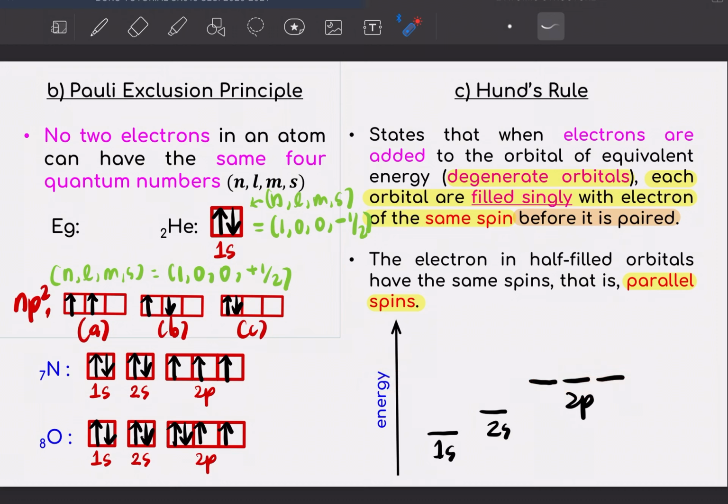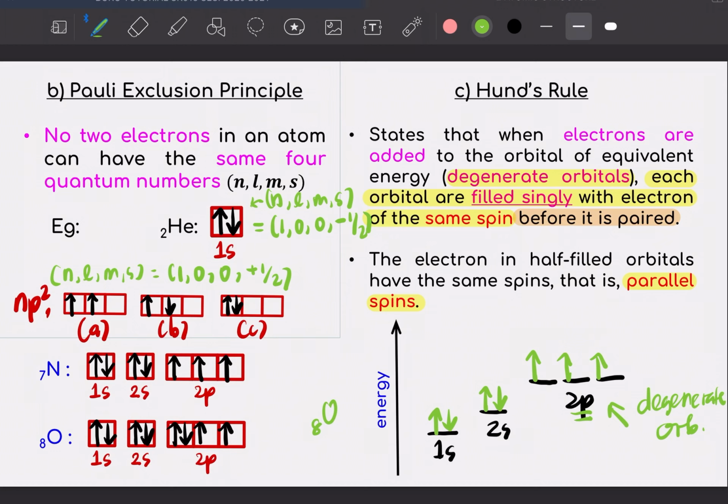So when you fill in, let's say for oxygen, 1, 2, 3, 4, and then when you reach these degenerate orbitals, 1, 2, 3, singly first, and then 4, only then you pair. Okay, that's what is meant by Hund's rule.